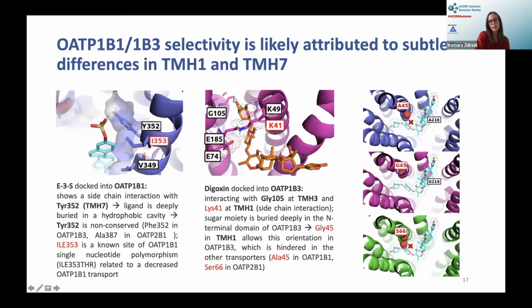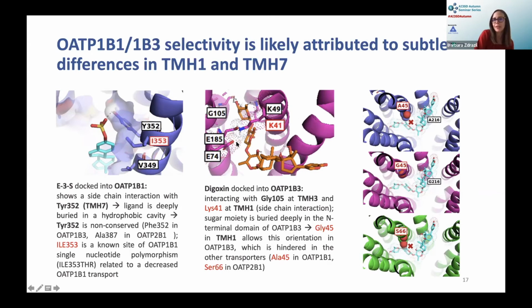And then it seems that certain hydrophobic residues play a role to stabilize the compound. For instance, this isoleucine 353 is a known site of single nucleotide polymorphism, and it seems to lead to decreased transport if it's mutated to a threonine.